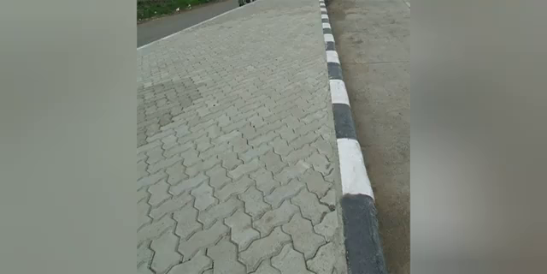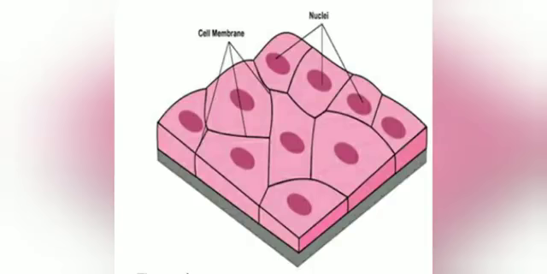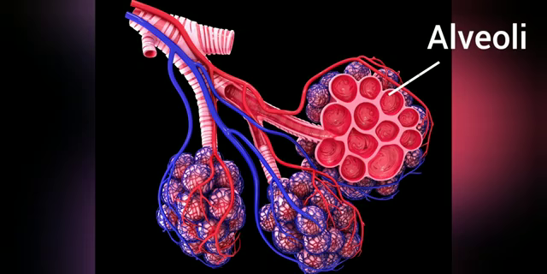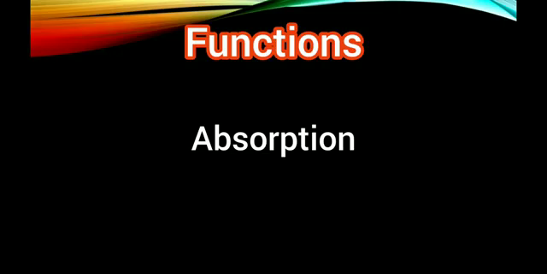Hence, we call it pavement epithelium. It contains a prominent spherical or oval nucleus at the center of the cell, and it is found in blood vessels, alveoli, etc. Functions of this tissue are protection, absorption, transport, filtration, and secretion.